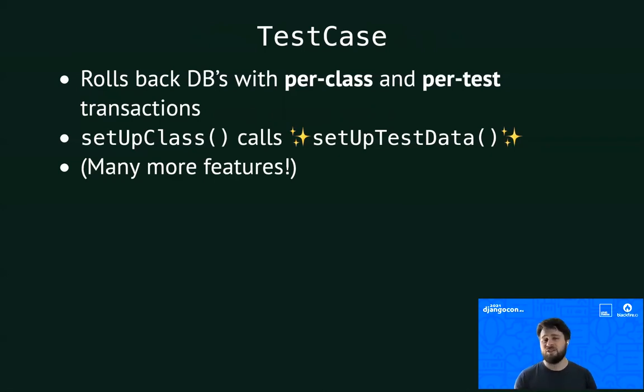And then when you tell a transaction to roll back, the database knows exactly which pieces of data to undo the changes to, so that it doesn't need to go and touch all the tables and all the rows that you might have there. So this is a lot faster. Inside the setUpClass hook, it calls the setUpTestData hook, which is what this talk is all about. And we'll see that in a second.